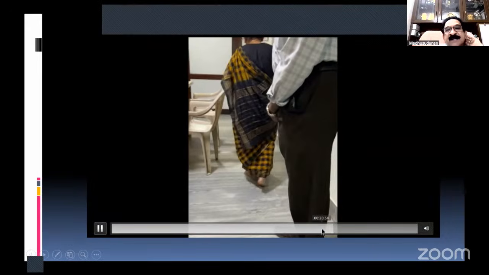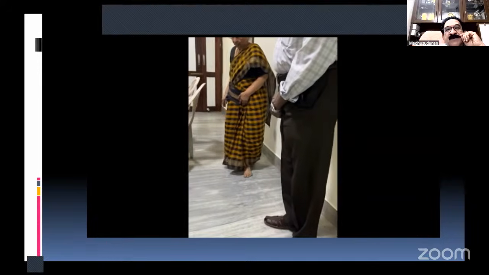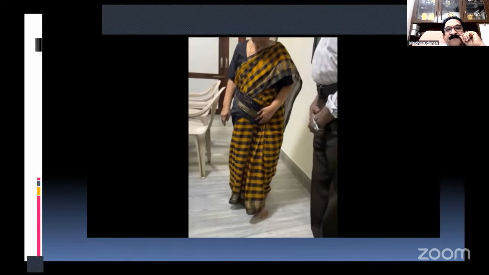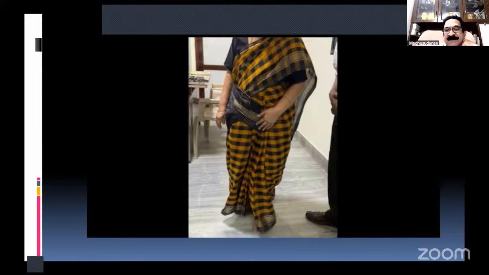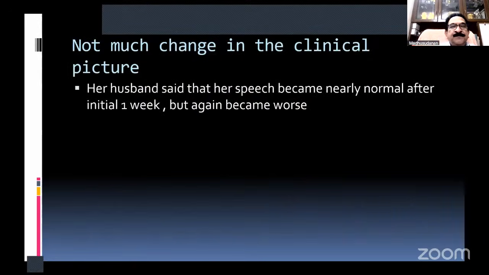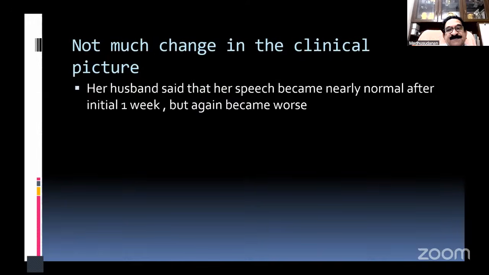He could walk better than before; the way he had great difficulty walking before, now it is slightly better. To me, there was not much change clinically except for walking. Her husband said that her speech became nearly normal after the first week, but again became worse.